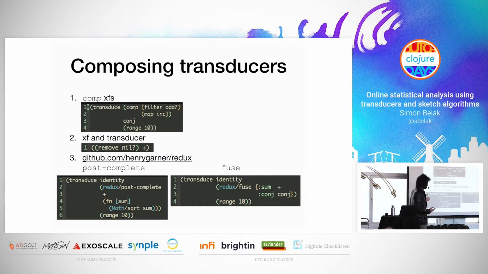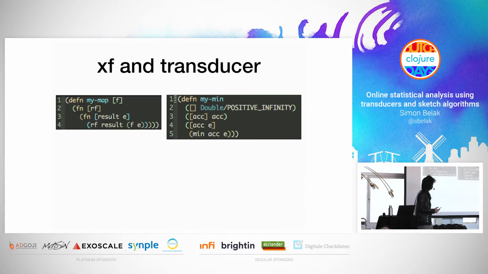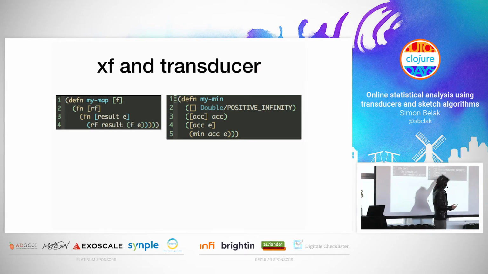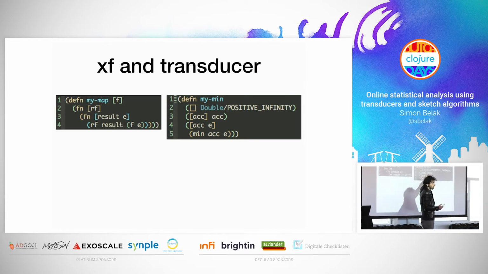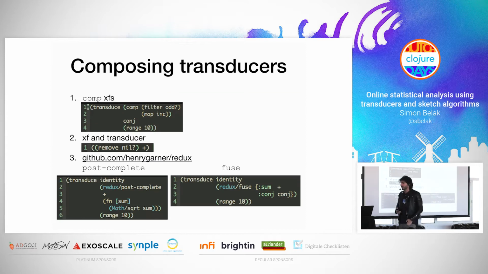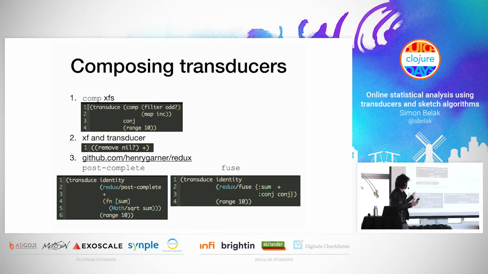Post-complete is just the idea that we can do things at the end of it. So if we jump back to the definition, here we have the end arity, which presumably does something with the result, or very often doesn't do anything, and you can think of post-complete as a kind of plugin being the next step here, which does something with our data. When working with numerical data, it's something that you very often want to do.